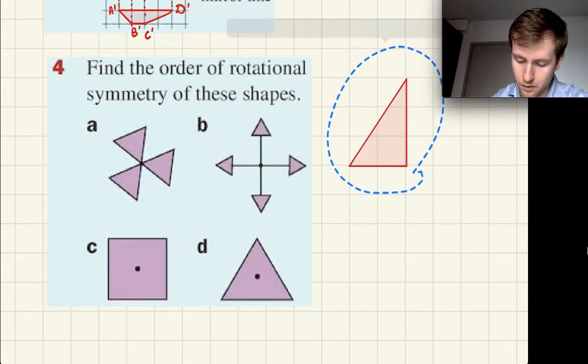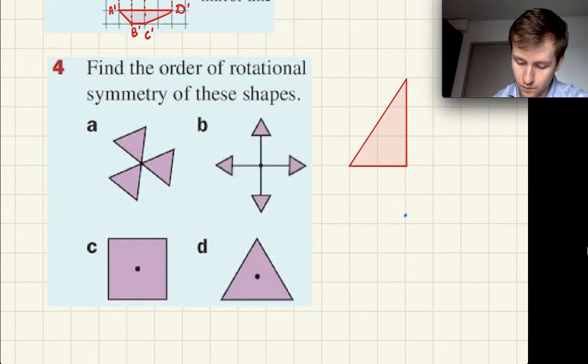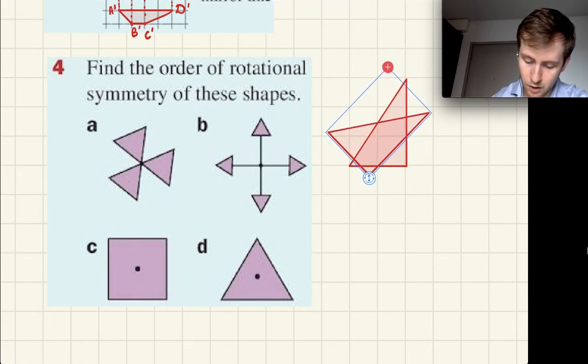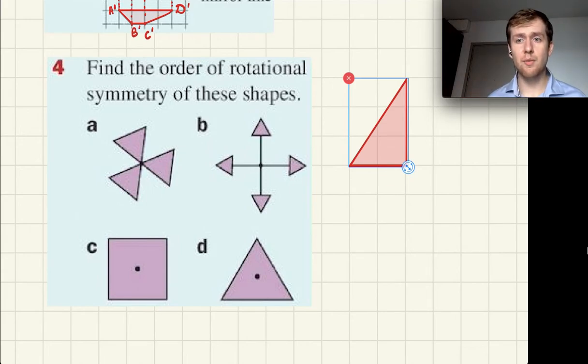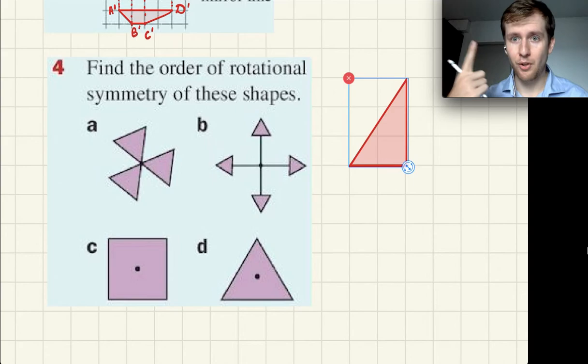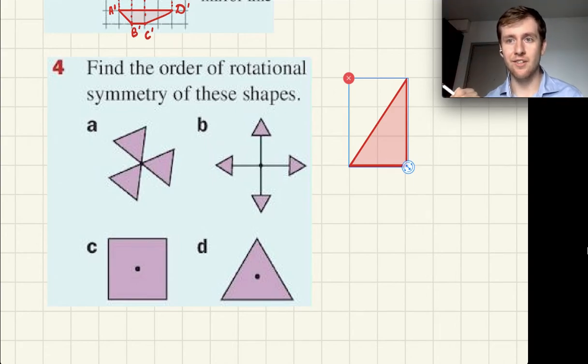Let's say we have this small triangle, and again, we lay them on top of each other. What we do is rotate this triangle, and then we count how many times during a full rotation it's going to fit itself. So the order of rotational symmetry is always at least 1, because when you start the rotation, it fits itself 100% certainly.